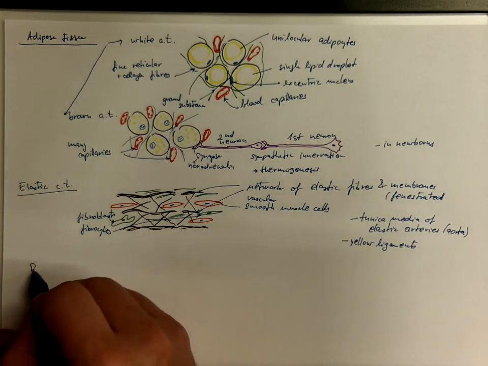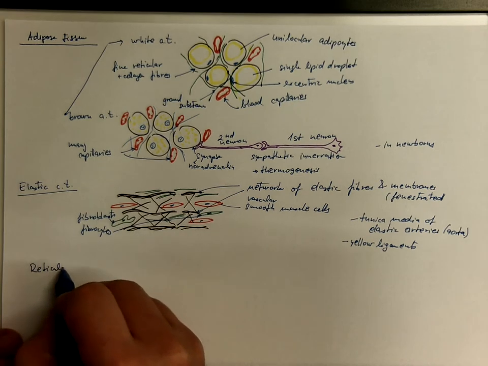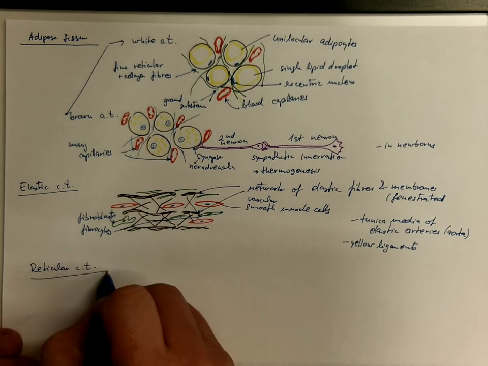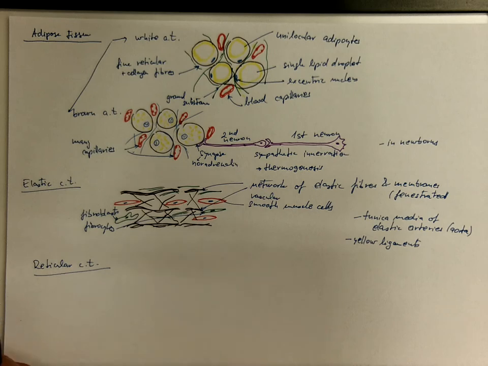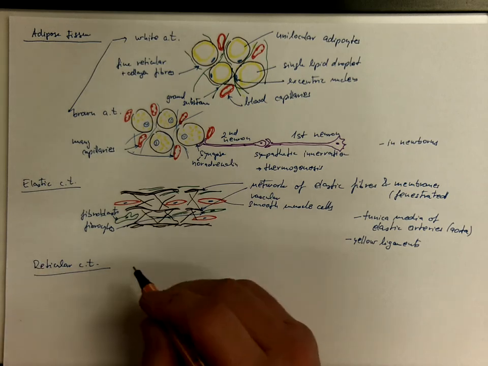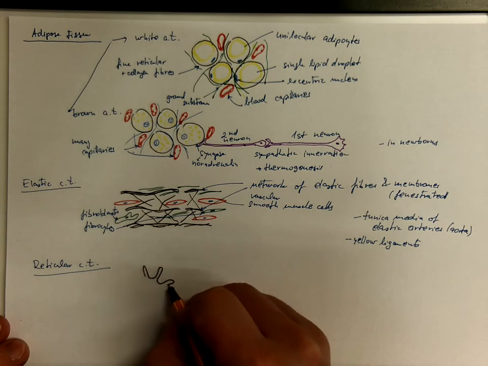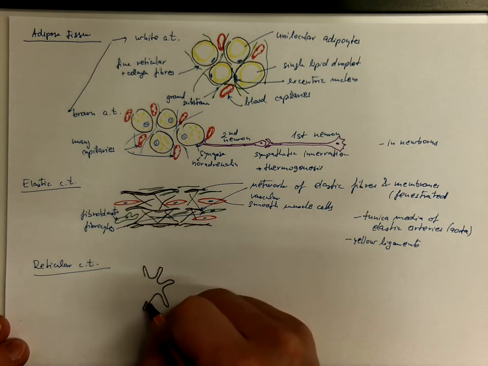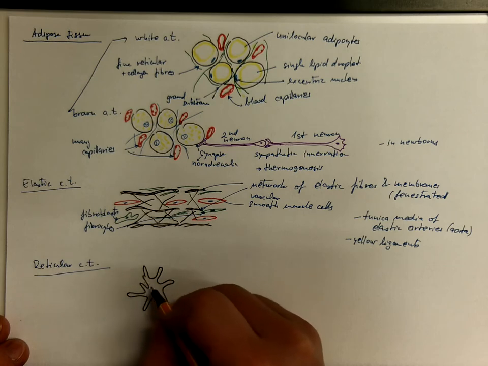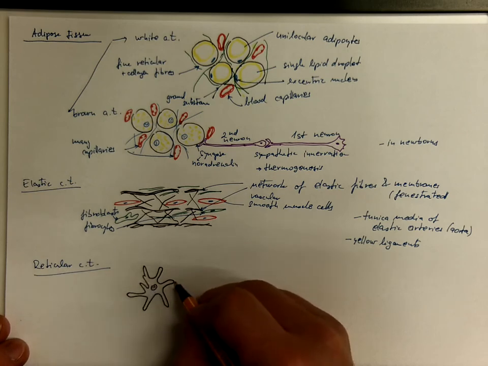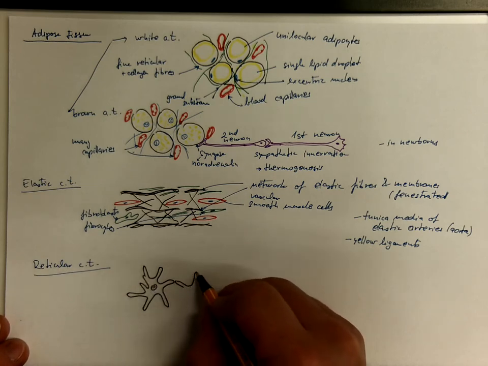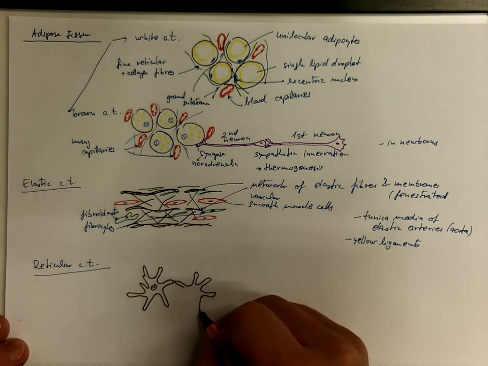Another type would be reticular connective tissue. You might recall that it's made of reticular connective tissue cells with their long processes that in 3D make a network.